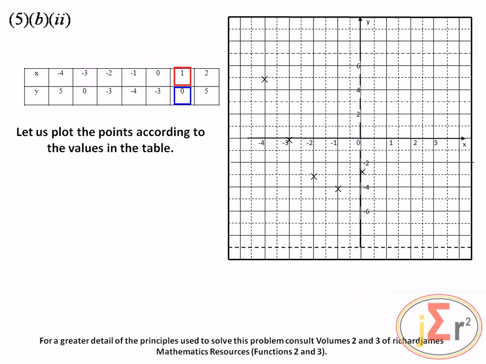Then 1, 0: positive 1 in the x direction, no movement in the y direction, and the point is placed there. Finally, the point 2, 5: 2 in the positive x direction and 5 in the positive y direction.